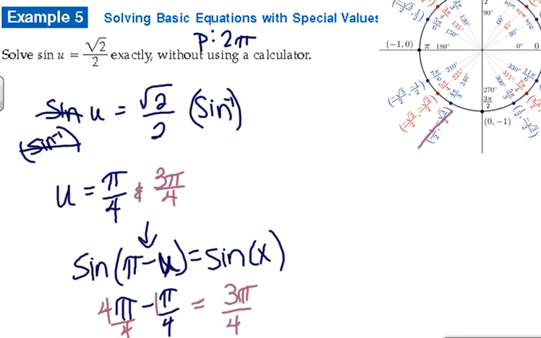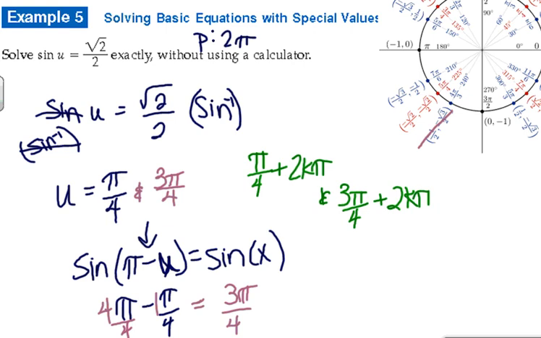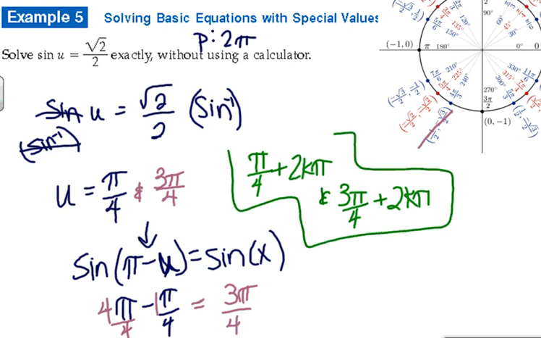Okay, so that means our solutions are going to be pi over 4 plus 2k pi, and 3 pi over 4 plus 2k pi. So we just solved a trig function algebraically without using a calculator, and those are our two solutions.